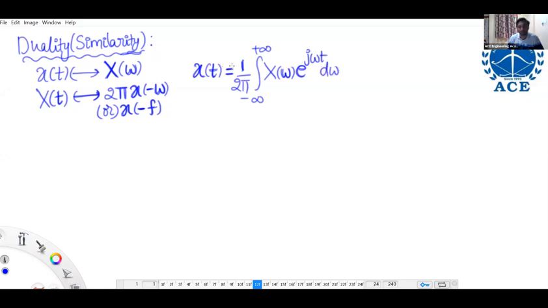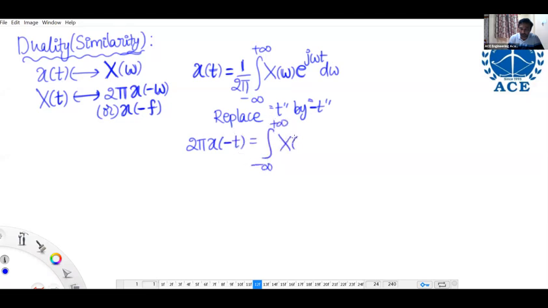If you replace t as minus t here, and take 2 pi to the left side, we get 2 pi into small x of minus t equals the integral from minus infinity to infinity of X of omega, with the exponential becoming negative.